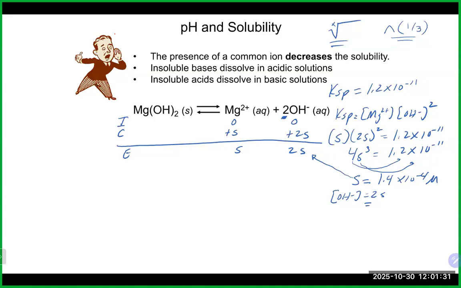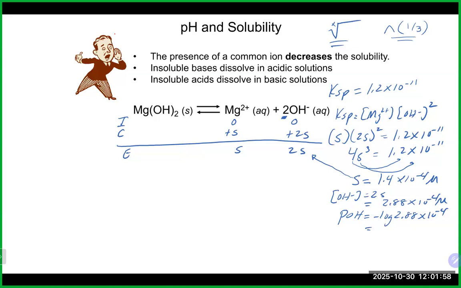I'm just going to use the whole number in my calculator there. And that's going to get me about 2.88 times 10 to the minus 4 molar. That is useful because I could calculate my pOH from that. And my pOH in this case would then be negative log of 2.88 times 10 to the minus 4.